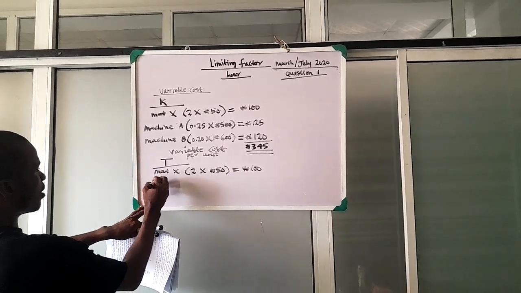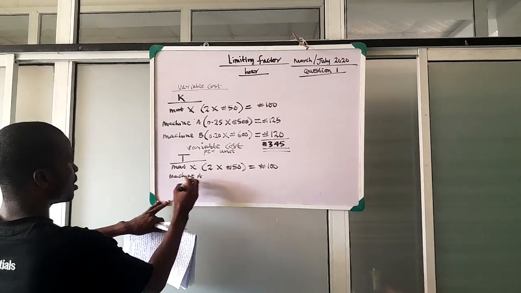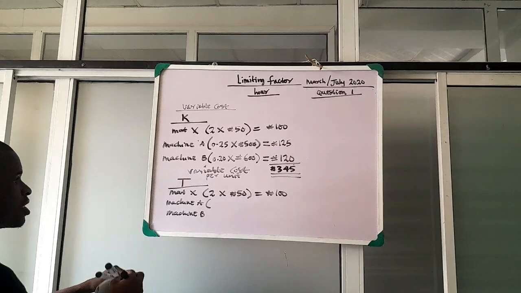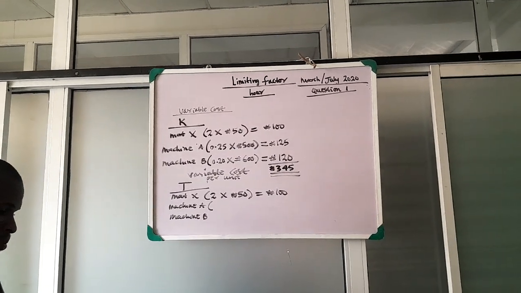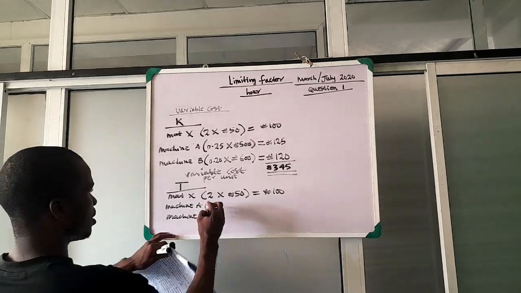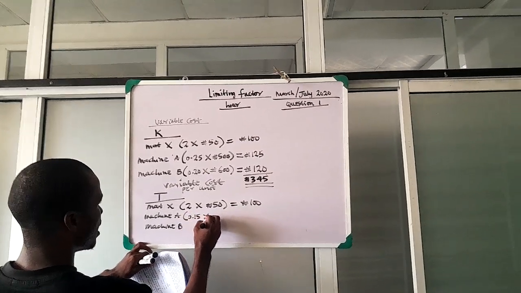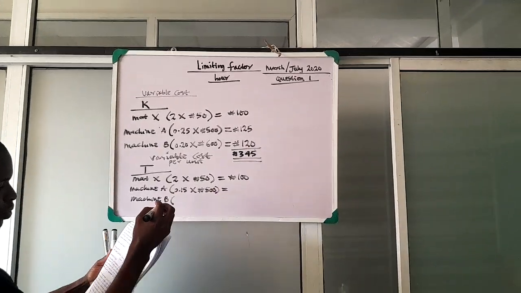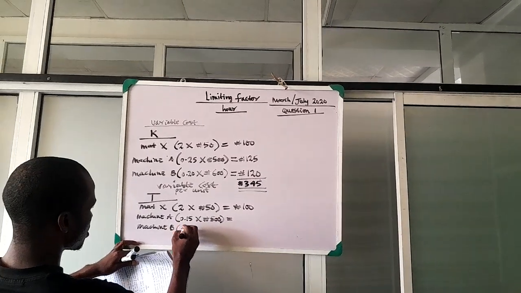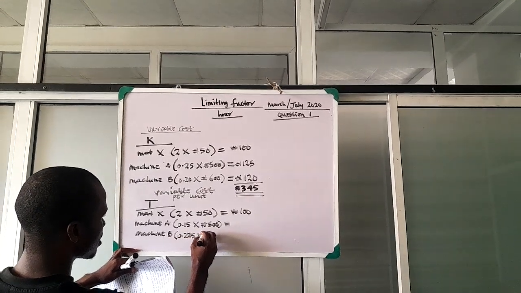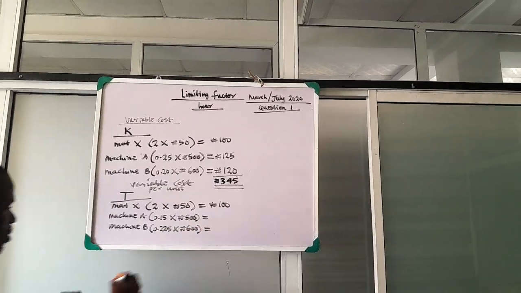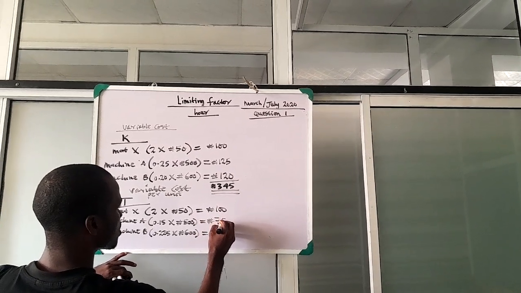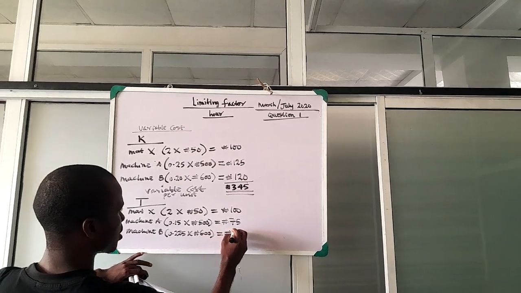Then machine A under T is 0.15 times 500, which gives 75. Then machine B is 0.225 times 600, which gives 135.